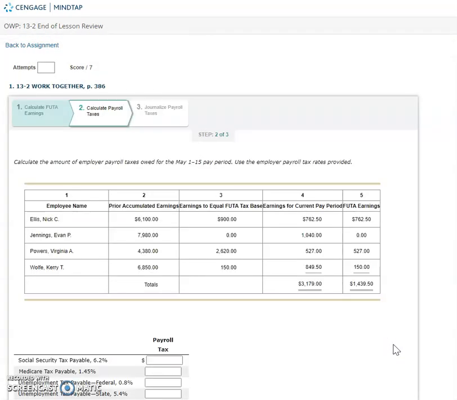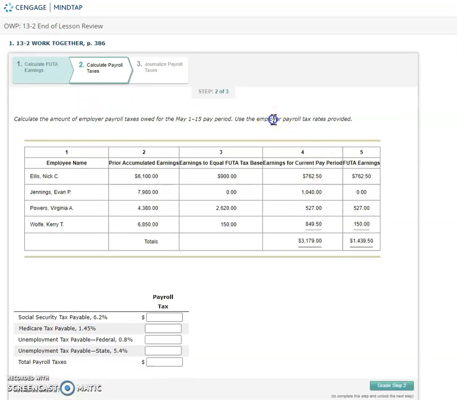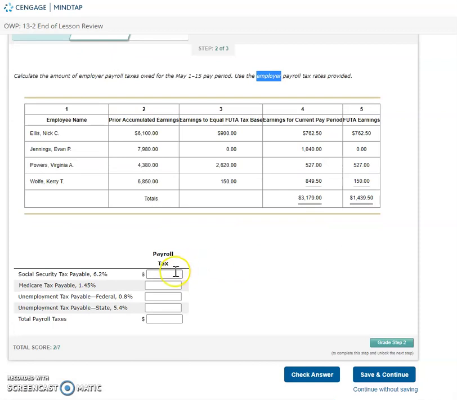Next step. Step number 2 says calculate the amount of employer payroll taxes owed for the May 1st through the 15th pay period. Use the employer payroll tax rates provided. So remember, we are just looking at the employer payroll taxes. The number for Social Security and Medicare is going to be the same as the employee: 6.2% of earnings, 1.45% of earnings.